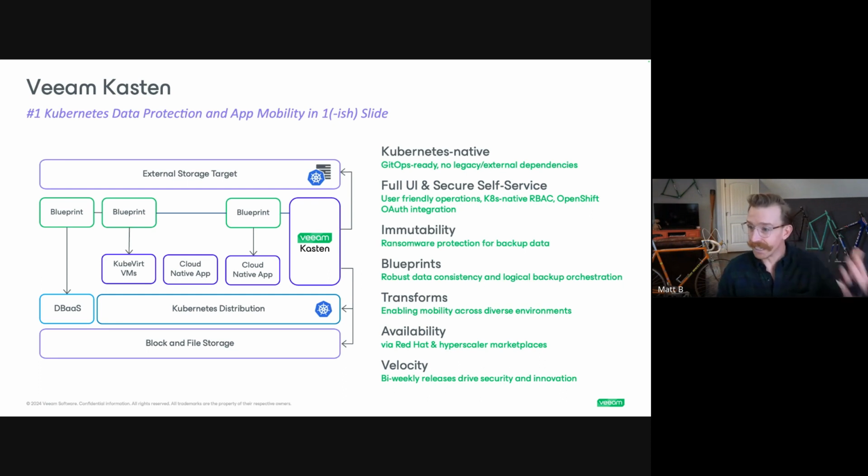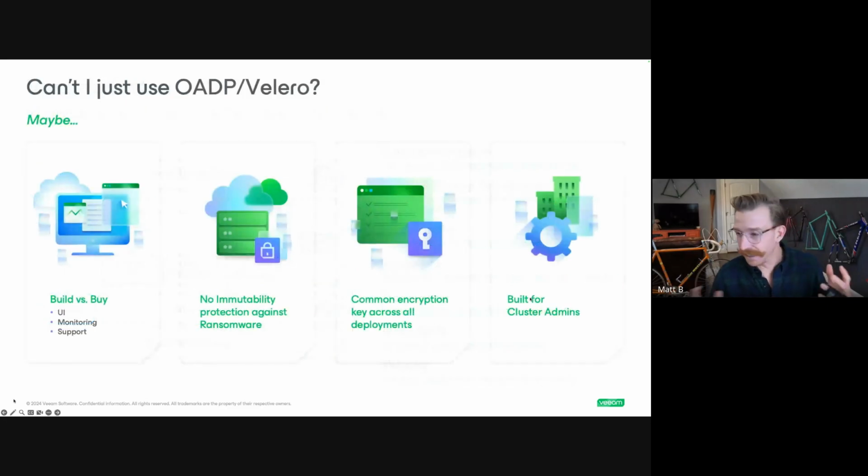So releasing a new version of Veeam Kasten every 2 weeks gives our customers an opportunity to not be held back on adopting some new version of Kubernetes because they're waiting for their data protection solution to support this.